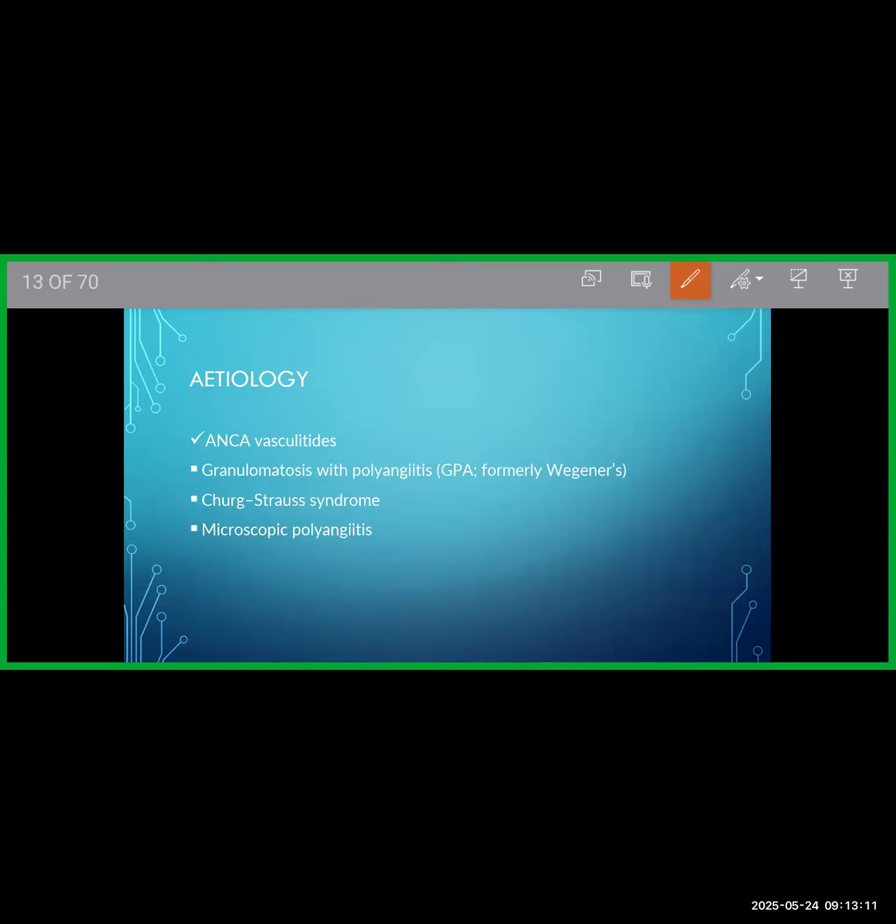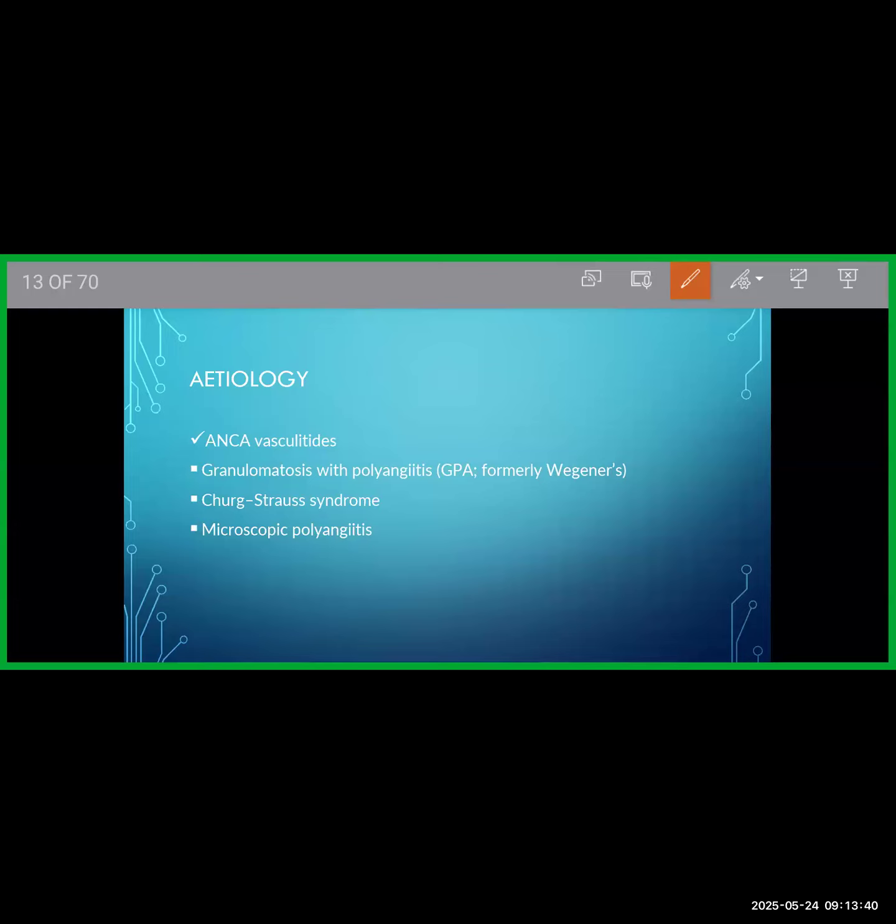Then we also have other systemic autoimmune diseases, such as polyarteritis nodosa, inflammatory bowel disease, and ANCA vasculitis, which may present with peripheral ulcerative keratitis. A point to note here is that ANCA vasculitis is associated with high mortality, and that is why prompt diagnosis is essential to prevent mortality from this illness.